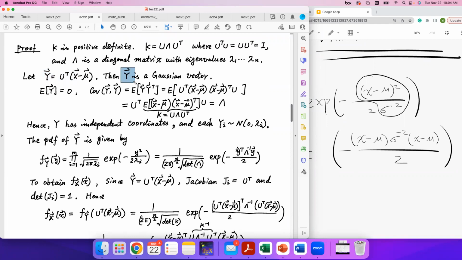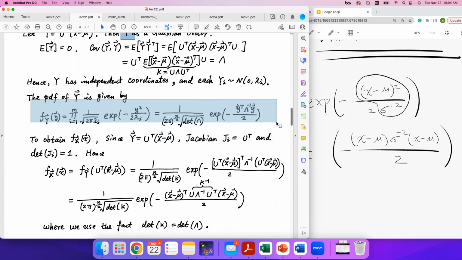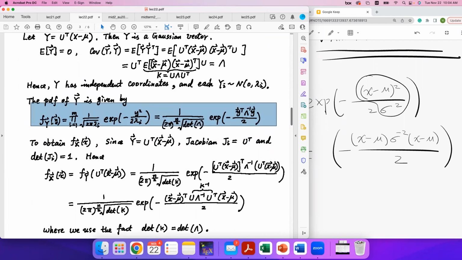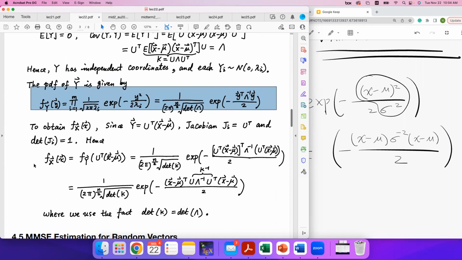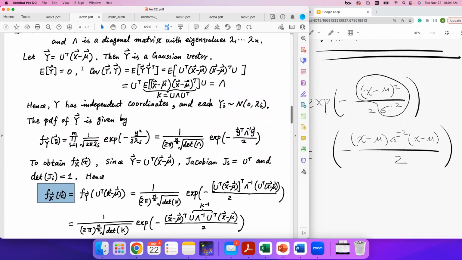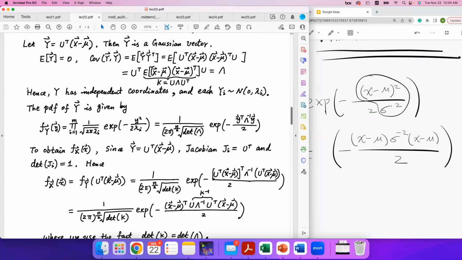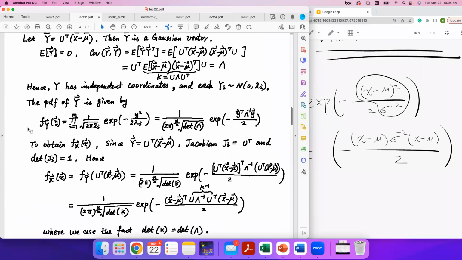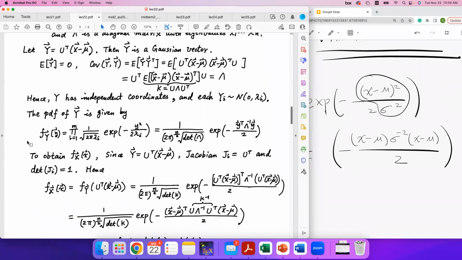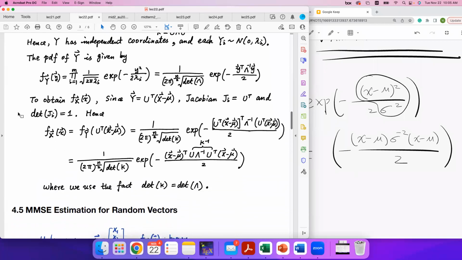And because they are independent, we can derive the joint PDF very conveniently. Then we can go back and derive the original PDF, because Y and X are linked through a linear function. So we can apply the fundamental theorem of random variables to compute the PDF of X from the PDF of Y. So this proof is actually very interesting.